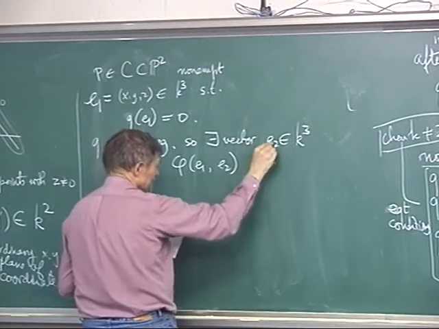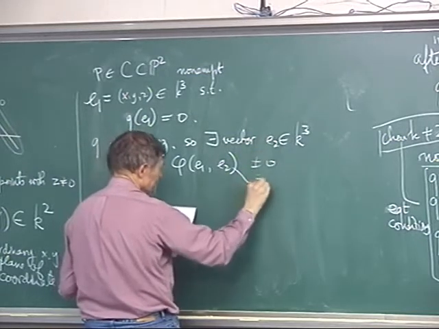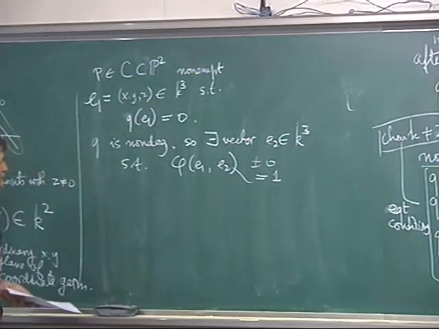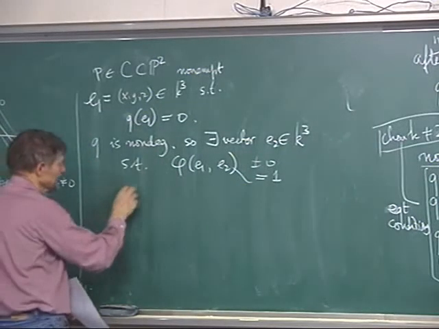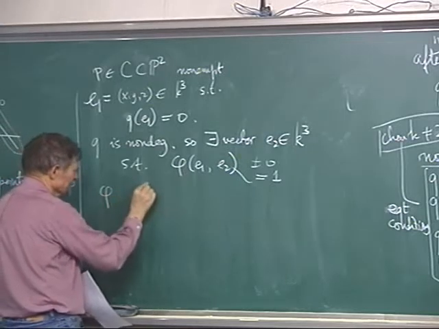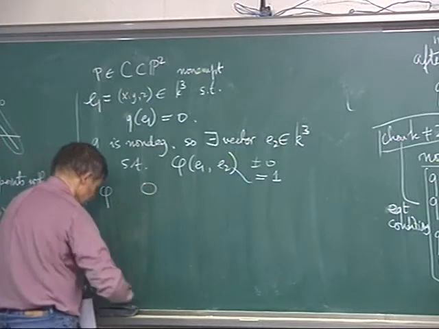Right, and then I can multiply this one by a scalar if I want to. I can make this equal 1. So then what I'm going to get is that phi has a matrix like this.